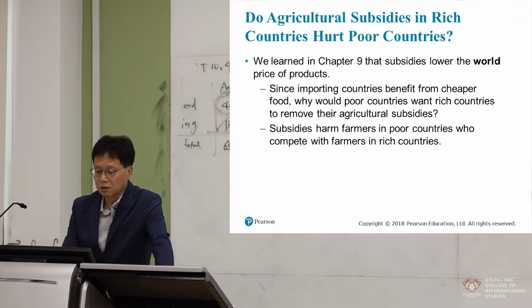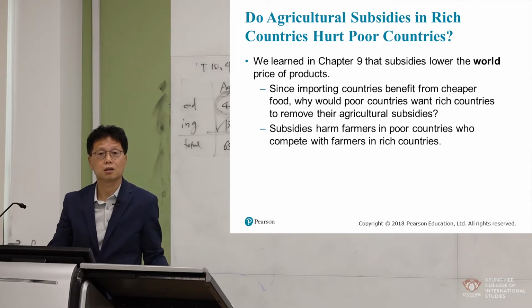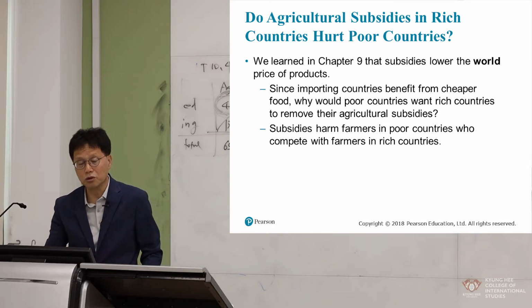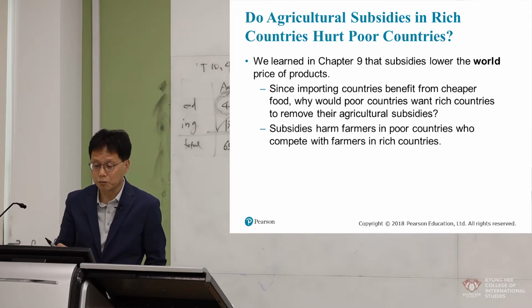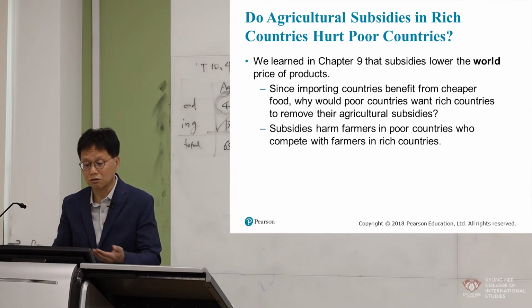Number 1 fact, only developed rich countries subsidize agricultural farmers. Why? Developing countries' fiscal situation is really bad. They have no money to support the poor people, agricultural farmers. So only developed countries, including Korea, use lots of money to support poor agricultural farmers.